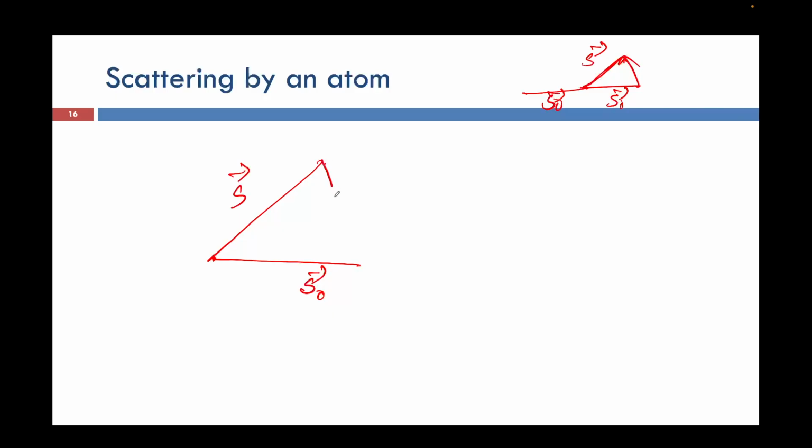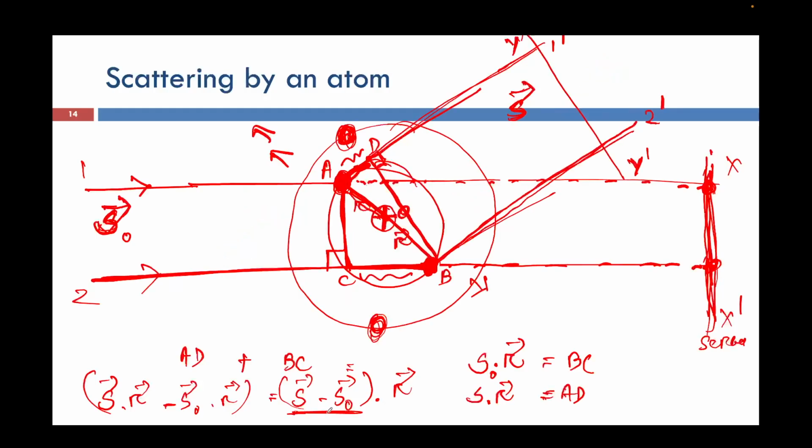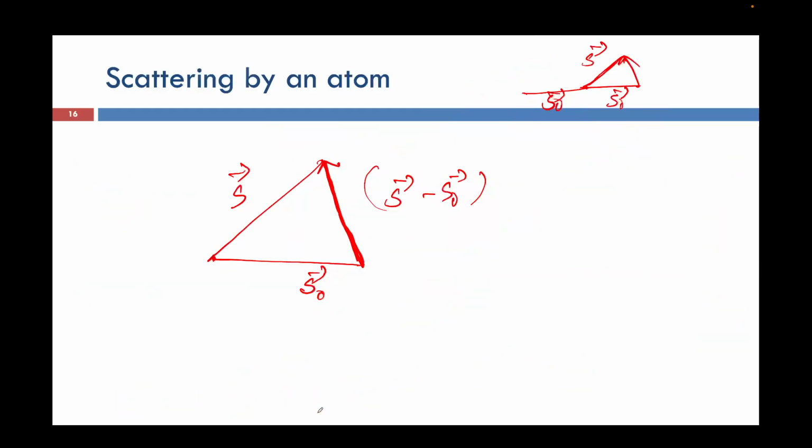So if I have to get a resultant vector here, this vector will be S minus S naught, right? And here what I have got is S minus S naught, okay, in this diagram. If I am able to calculate this S minus S naught, then this vector is actually known as the scattering vector, okay?